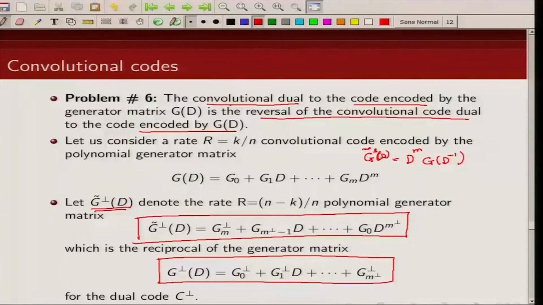So, if the dual of the original code is given by the reversal of the convolutional code, then what is the property this generator matrix should satisfy? This and this transpose should be 0. So, we have to show that G(D) and this generator matrix transpose is 0.